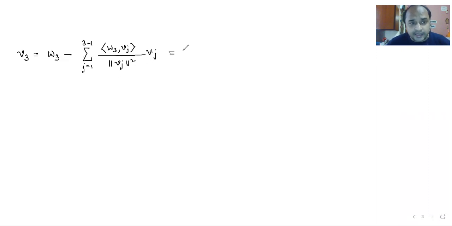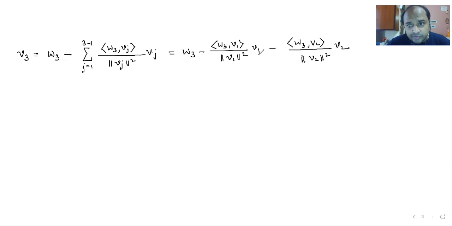So if you expand it, you will get W3 minus W3 V1 by norm V1 square into V1, minus W3 V2 by norm V2 square into V2. 3 minus 1 is 2, so the summation will run from 1 up to 2. Okay.